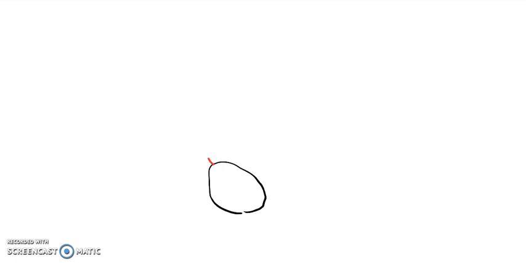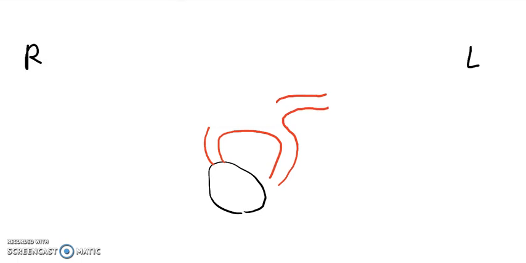Okay, so what do we have? So there's that descending part. We have one branchway that goes to the left side of the body. And then we have kind of this one division here.